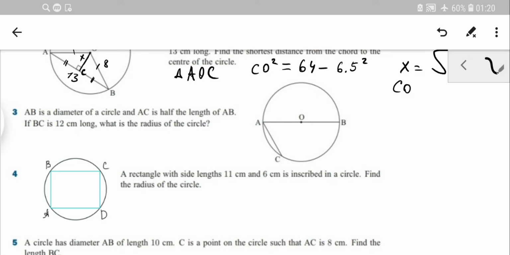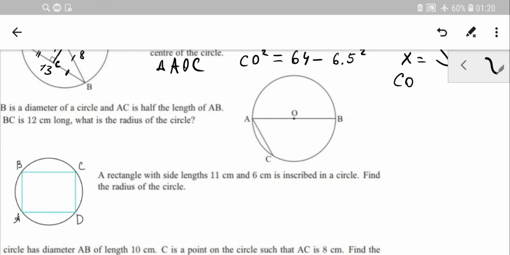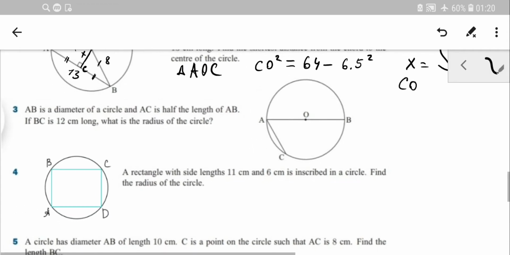So let's go to problem 3. AB is the diameter, and AC is half the length of AB. If BC is 12 centimeters long, so put the side which is 12 centimeters long. What is the radius of the circle?